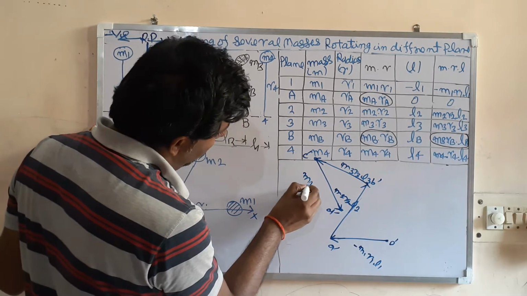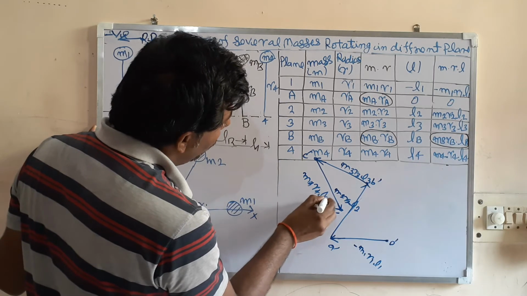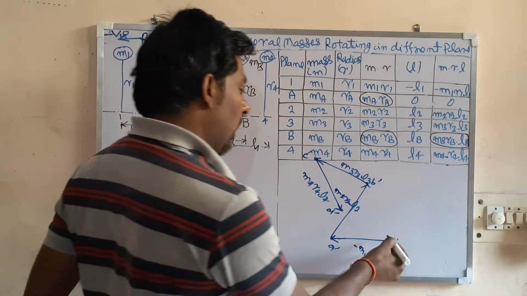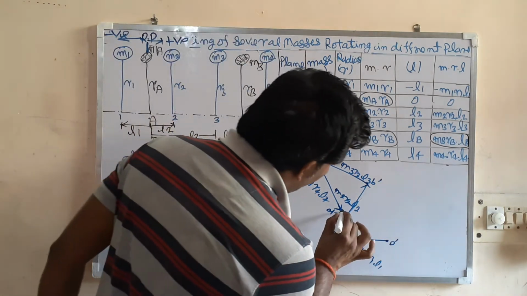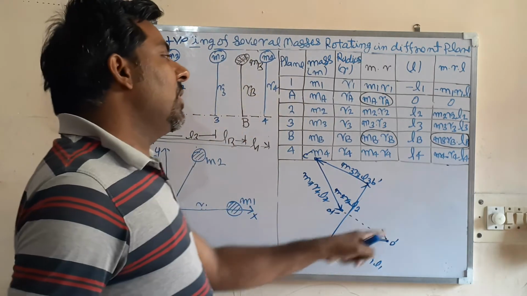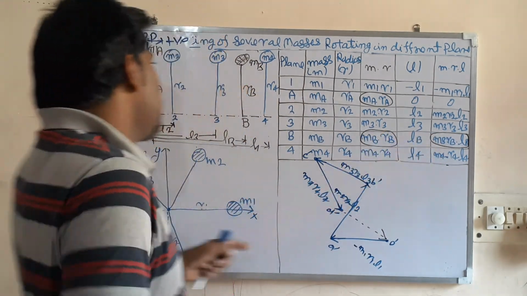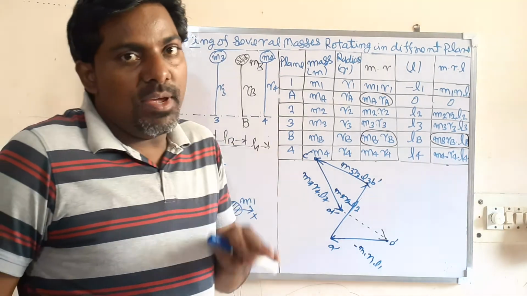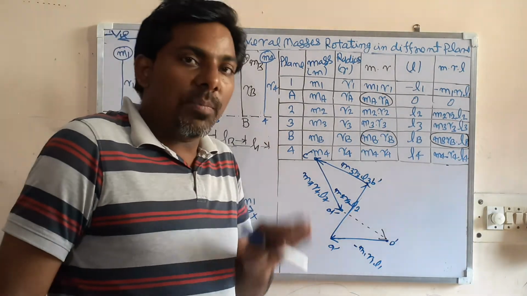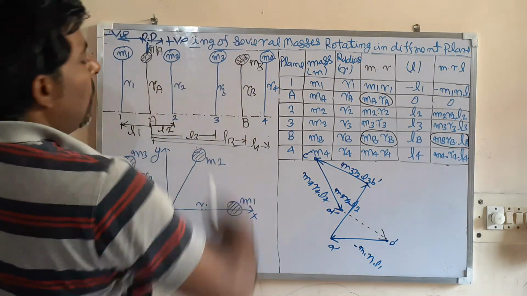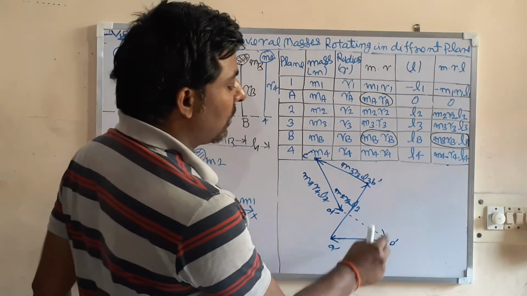So this is m4 r4 l4. This is the starting point, this is the end point. So this closing side will be the unknown, because the system of masses together with the balancing force will be completely balanced. So they together will be balanced, means the couple polygon should close.